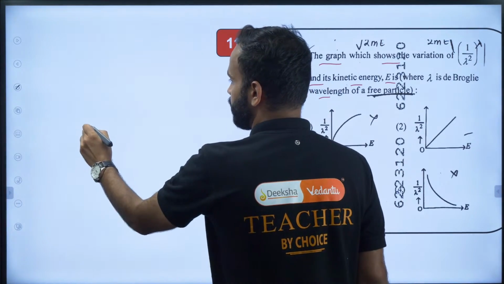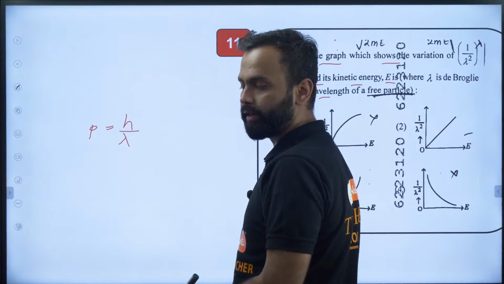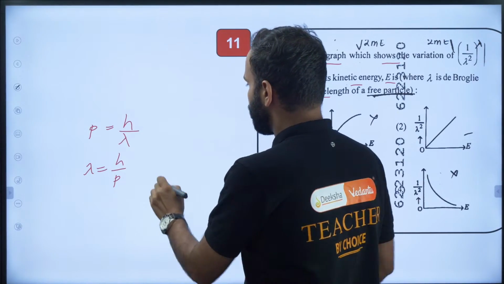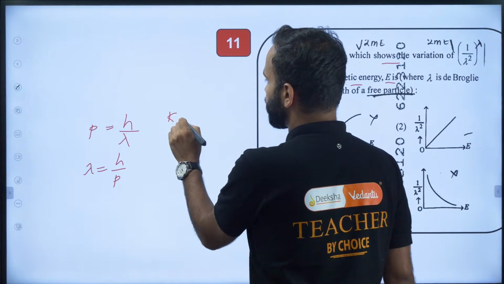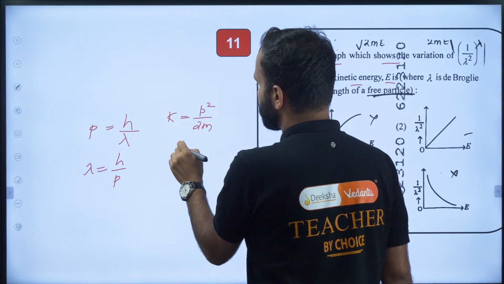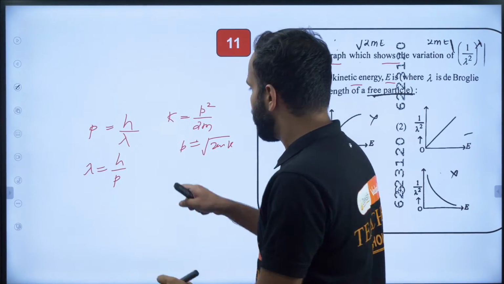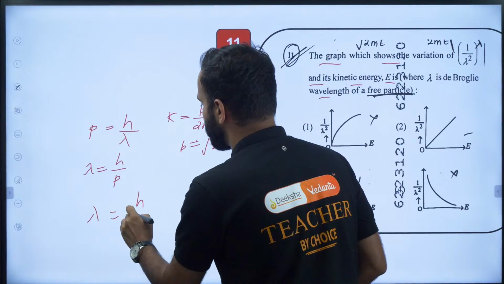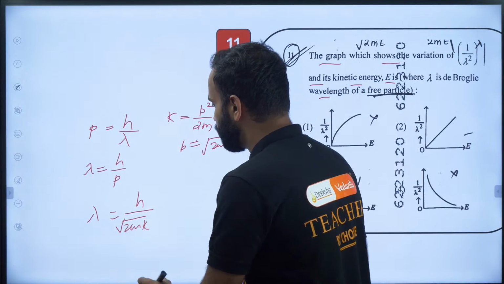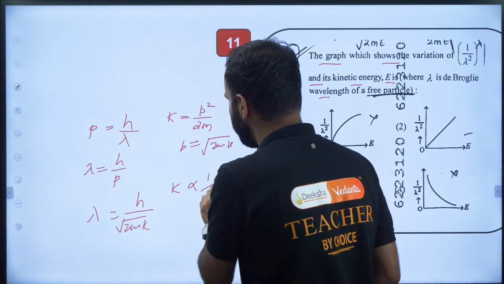Here, momentum of the particle P is equal to h divided by lambda, so lambda is equal to h divided by P. We know that the kinetic energy K is equal to P square divided by 2m, so P equal to root of 2mK. So now lambda is equal to h divided by root of 2mK. Now squaring both sides, we will get K is directly proportional to 1 by lambda square.